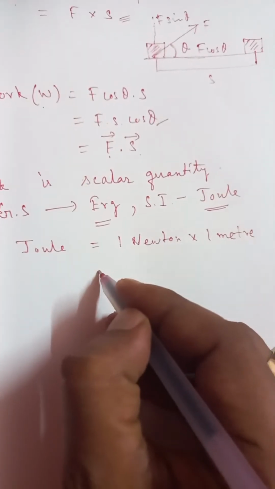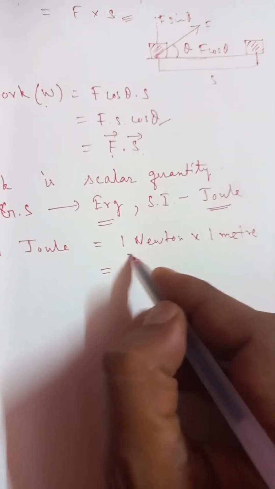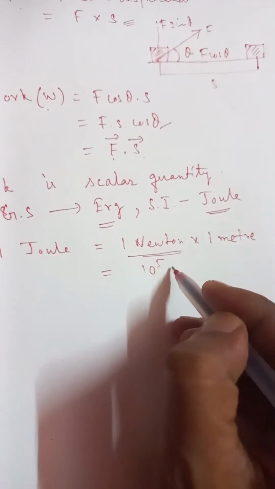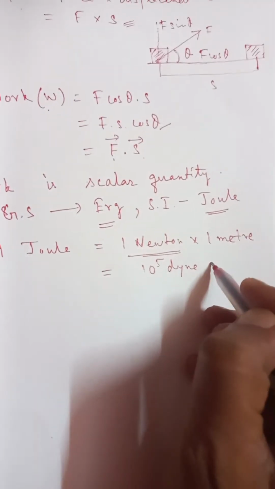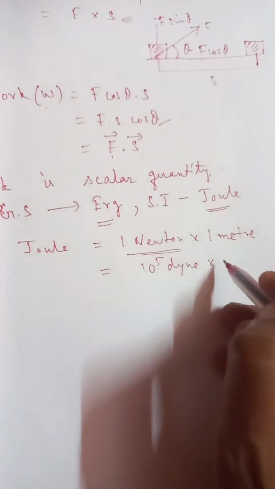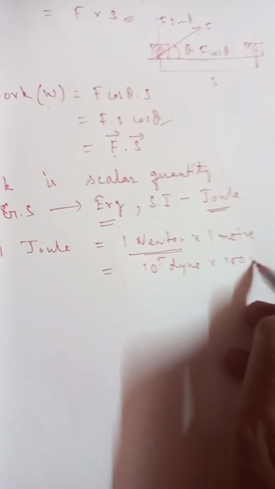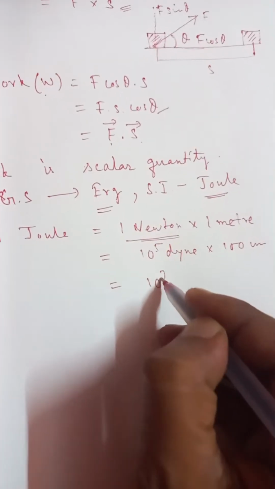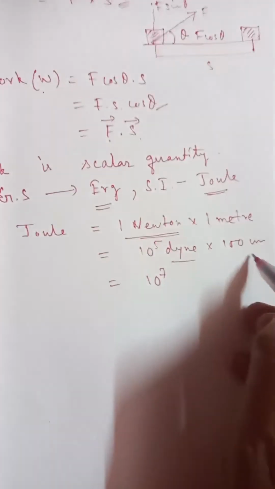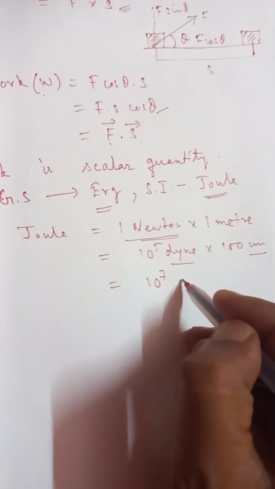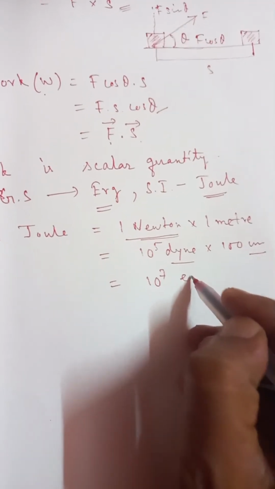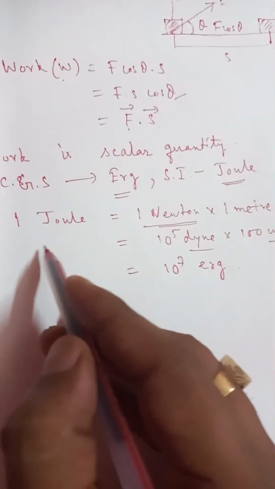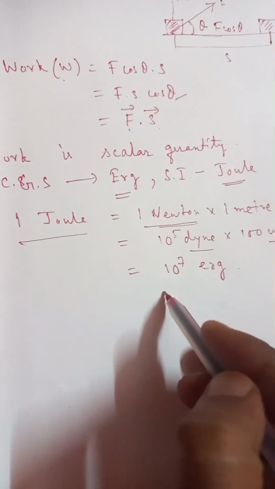We know that 1 Newton is equal to 10 to the power 5 dynes, and 1 meter is equal to 100 centimeters. So this will be 10 to the power 7 dyne-centimeters, the CGS unit of work, which is erg. So this is the relation: 1 joule is equal to 10 to the power 7 erg.